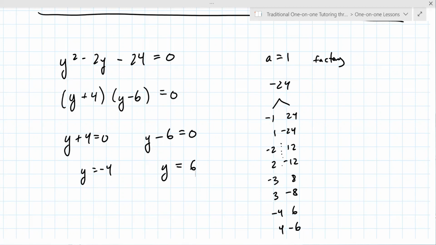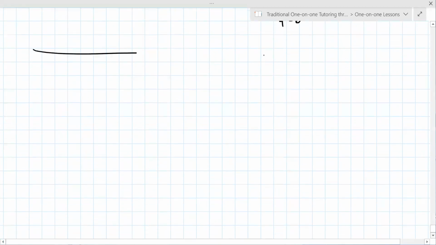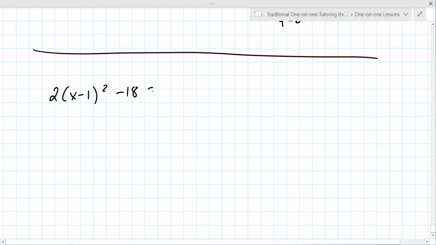All right, last problem type here is square root property. This is the one that's a little funky sometimes to me. This is actually just like absolute value, where you want to isolate the square. So 2x minus 1 squared minus 18 equals 0. You want to isolate the squared part, just like the absolute value.